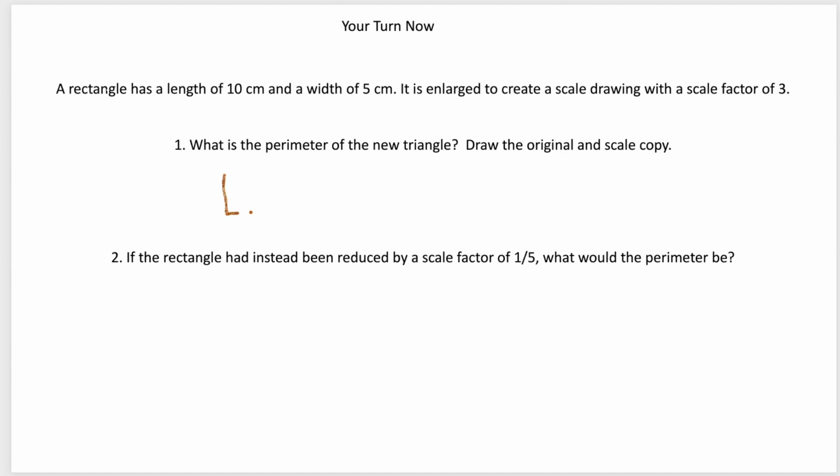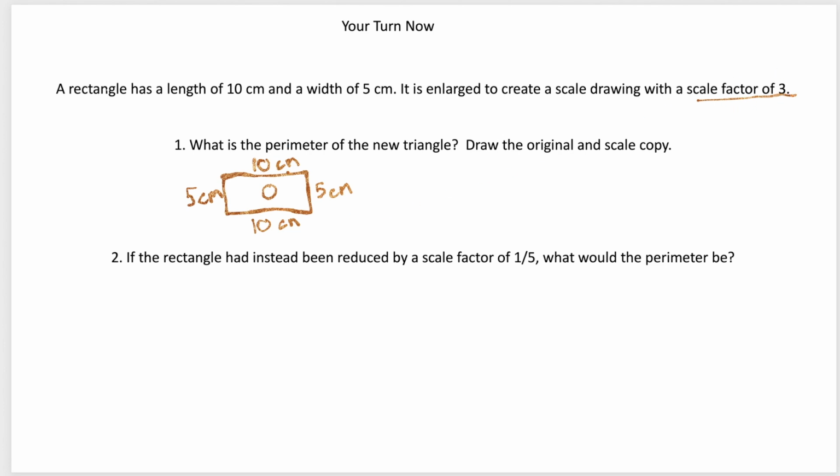So again, we have a rectangle. And the length is 10 centimeters. And so this is going to be 10, and this is going to be 10. And the width is going to be 5 centimeters. All right, so that's going to be the original. Now what we know is that there's going to be a scale factor of 3. Again, that's the K value, right?